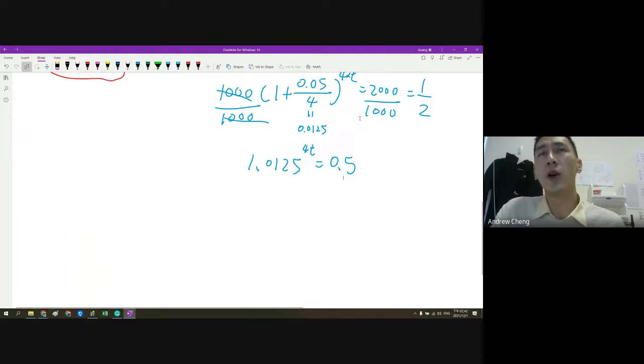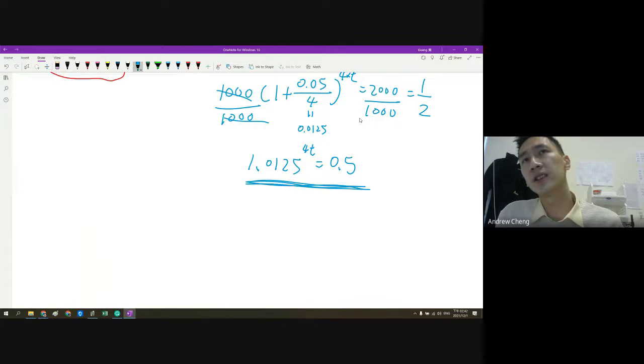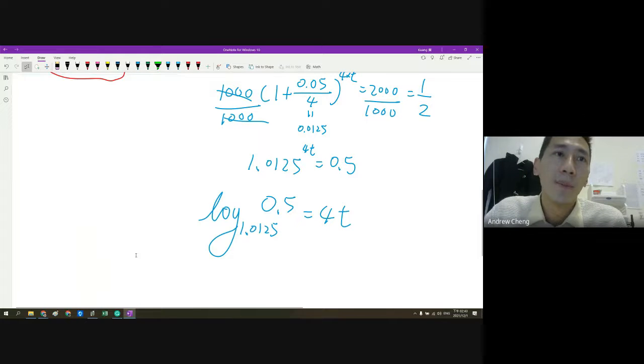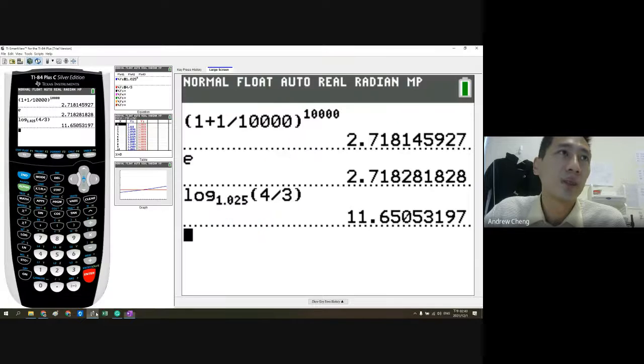All right, so I will convert this exponential form into logarithmic form. The log, the base 1.0125, of 0.5 equals 4t. So let's use the calculator. Again, math.